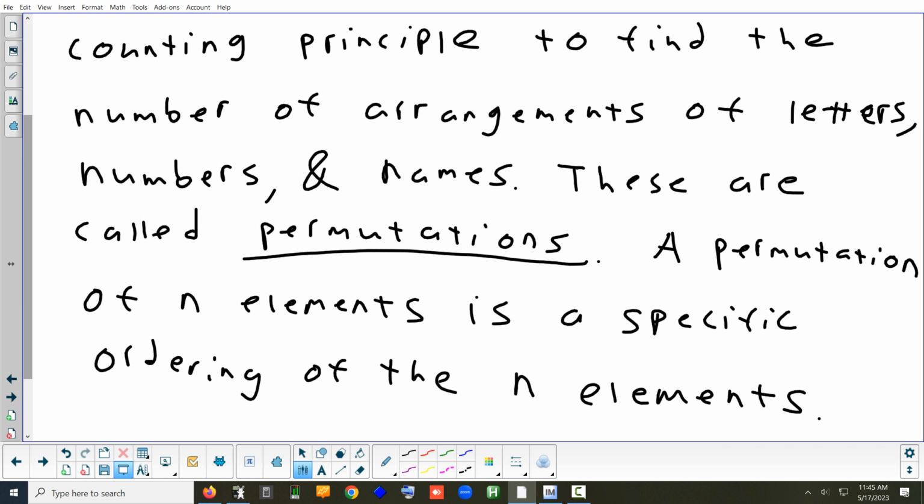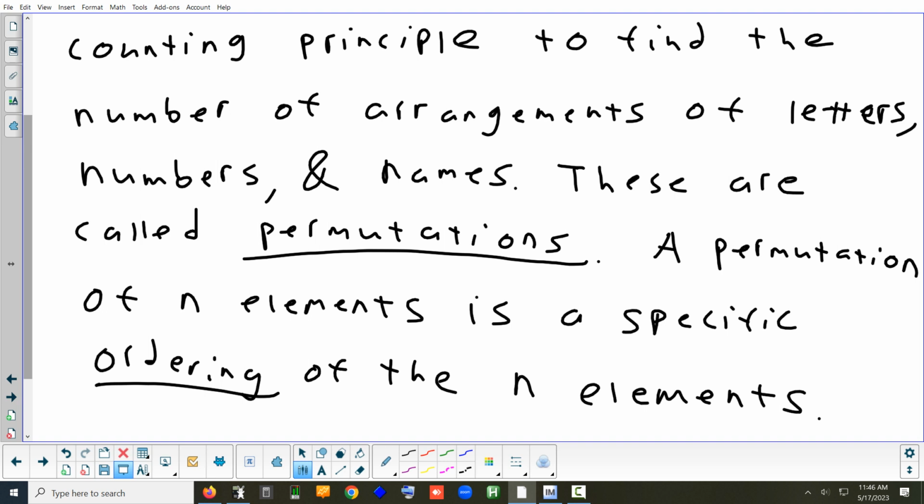So if you had, we'll make it simple, 12, 13, 14. If it was a combination, you could put the 12, the 13, or the 14 in first, and it wouldn't matter. But it's a permutation. Okay, so permutation is when the order is important. It's a specific order of elements.